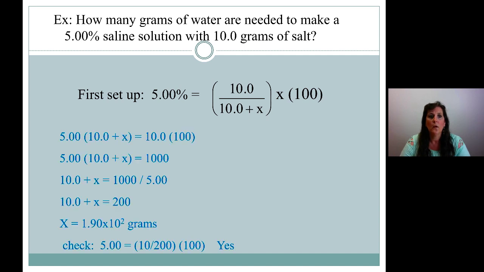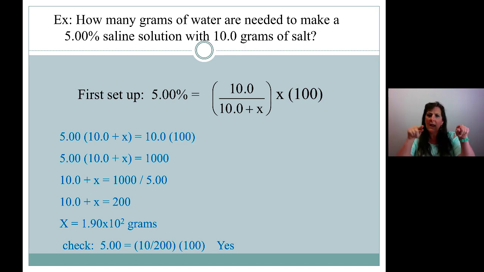So one of the first things we can do is take that 10.0 plus x and multiply it on both sides. So we're going to get 5.00 times, in parentheses, 10.0 plus x, and that will equal 10.0 times 100, which is the 1,000. So now we have 5.00 times (10.0 plus x) equals 1,000.